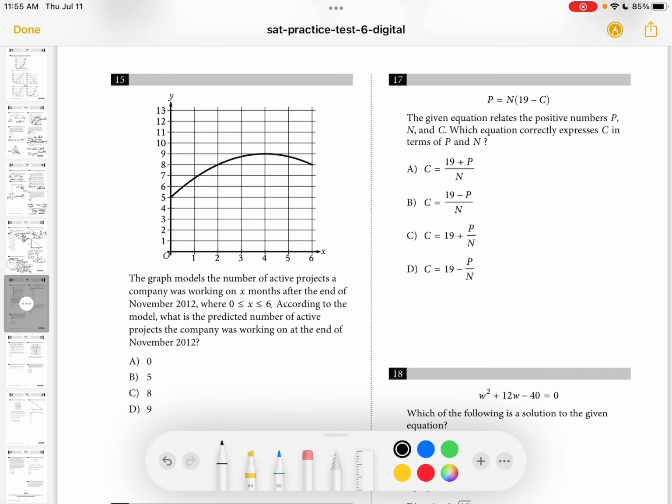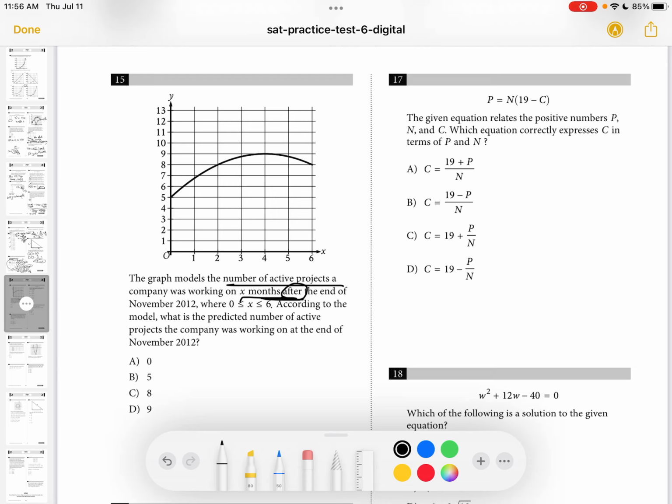Alright, so the graph is showing us the number of active projects the company was working on X months after, emphasis on after, the end of November 2012.